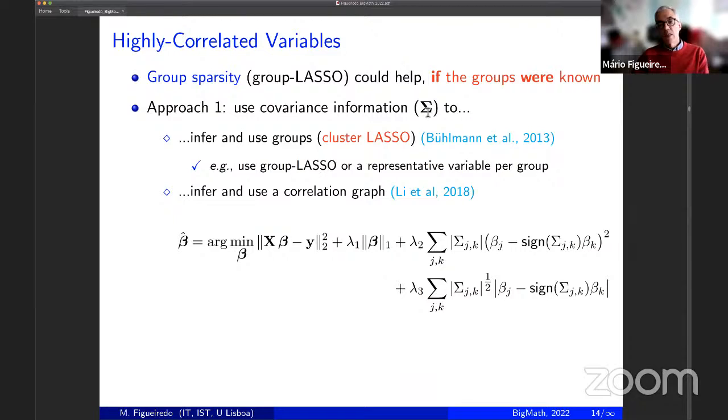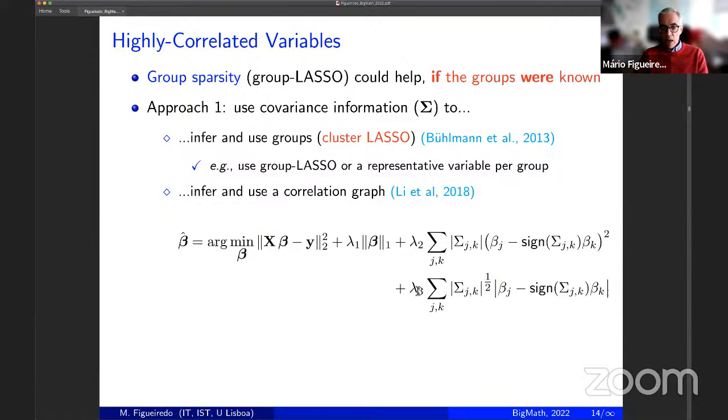Then, in a method called cluster lasso, you cluster your features using covariance as a measure of similarity, and then you use group lasso, meaning that you group the features that are together in a given cluster, or you select one representative from each group.